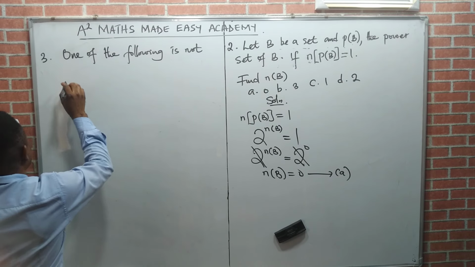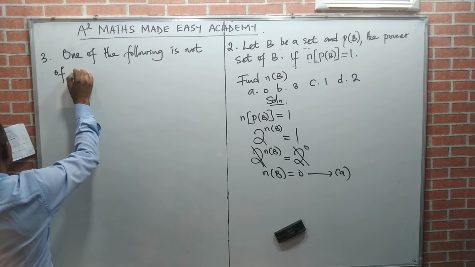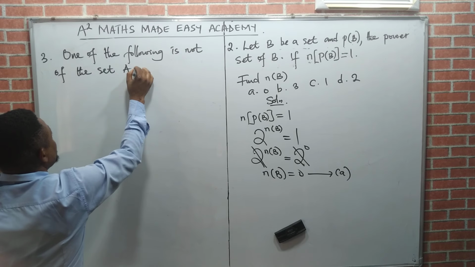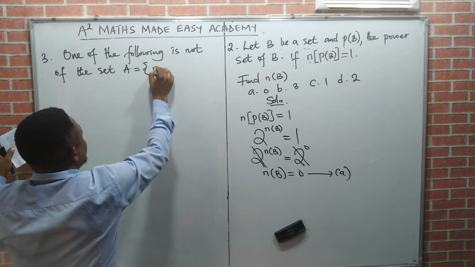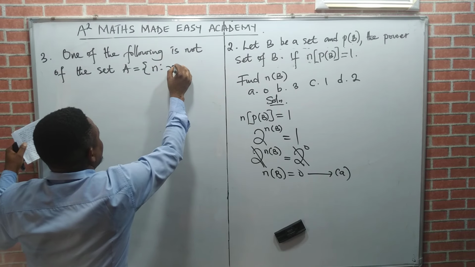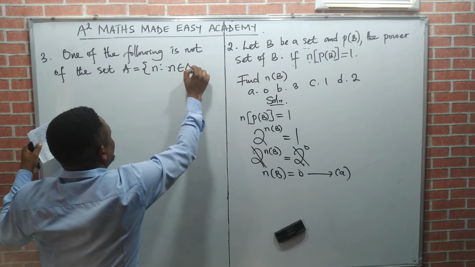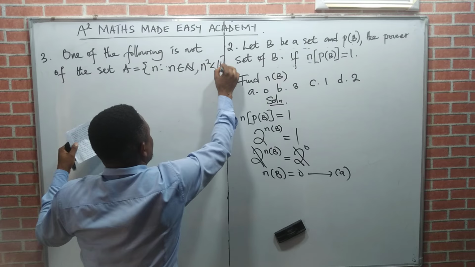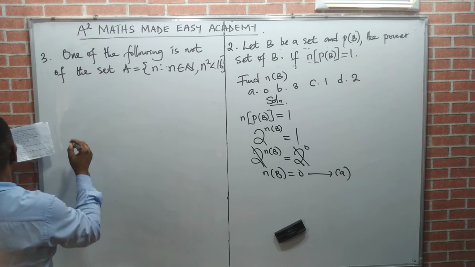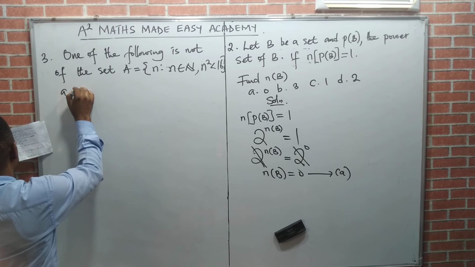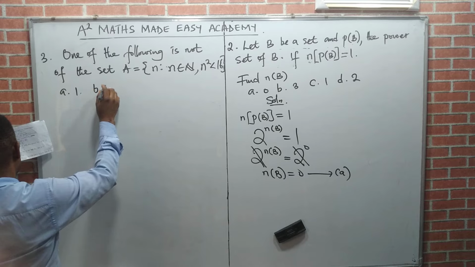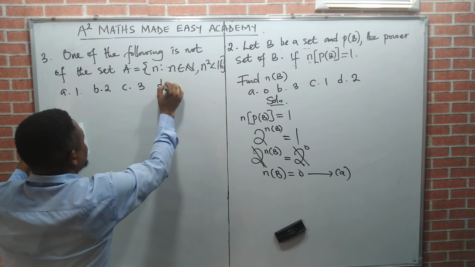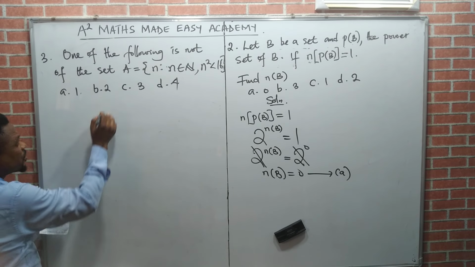I repeat, one of the following is not of the set A, which is equal to n, such that n is a member of natural number, and n square is less than 16. Now what are the options? Option A is 1. Option B is 2. Then option C is 3. Then option D is 4. Now the question is this.